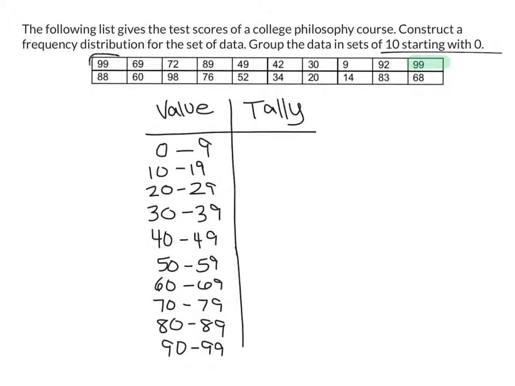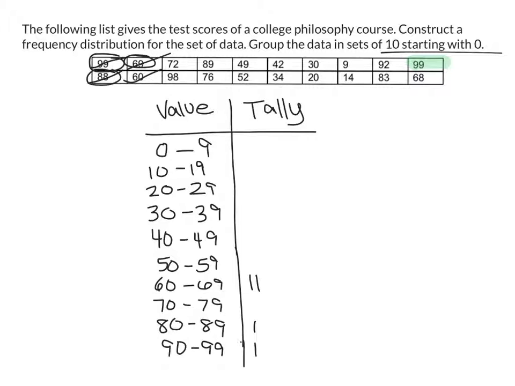So my first value is a 99, so that belongs to the last group. So I'll put one tally mark next to the 90 to 99 group, and I can go ahead and cross that off the list. Now I'll look at 88, and I'll place a tally mark there and then cross that off the list. Now we have 69, which is in this group, 60 to 69, and I'll cross that off.